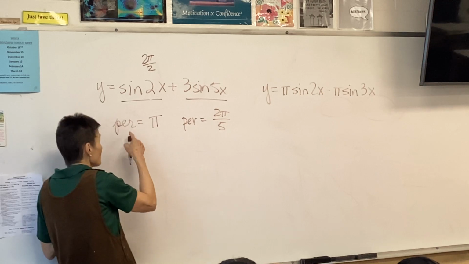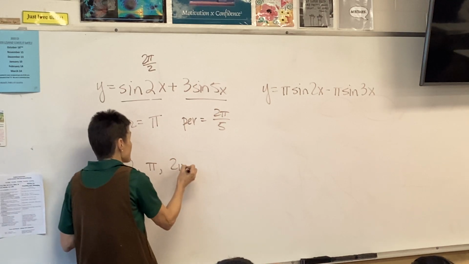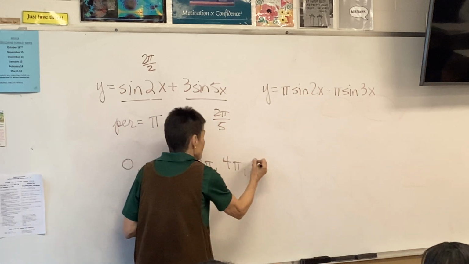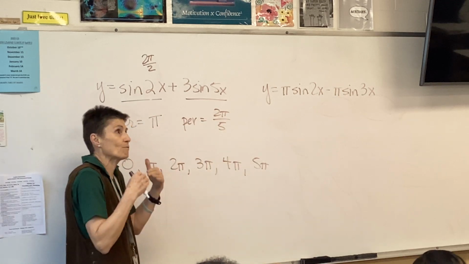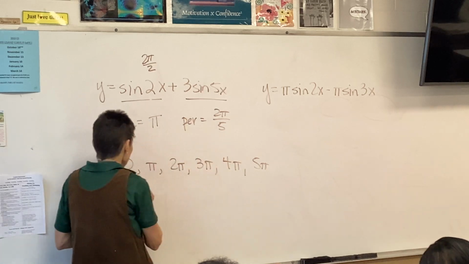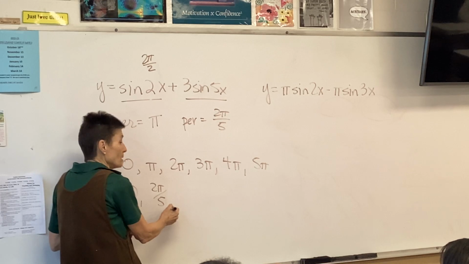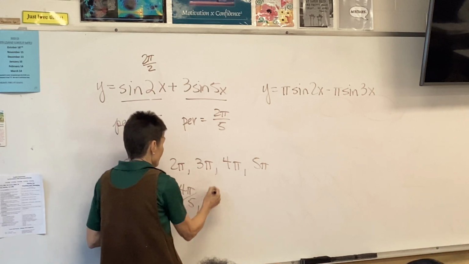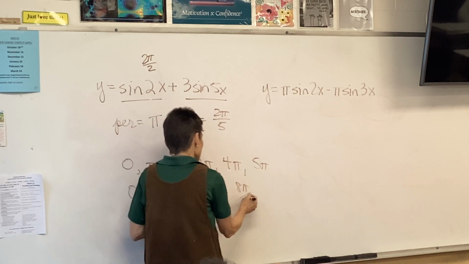So we think about this one. Every pi, it starts over. I like to write these out. You don't have to do this. This is not the way to do the problem. I just like to think about every pi, it starts over. This one starts over every 2 pi over 5. So 2/5, 4/5, 6/5, 8/5.